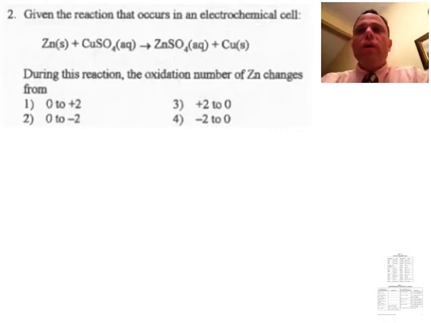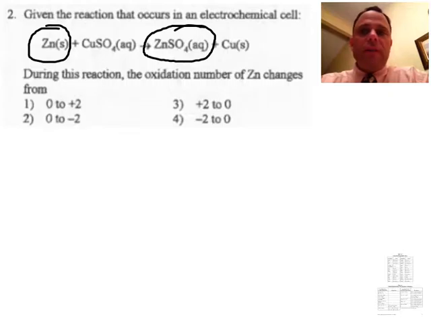Number 2. Given the reaction that occurs in an electrochemical cell, it's asking during this reaction the oxidation number of zinc changes from what to what. So in other words, the solid zinc that is right here on the reactant side, how does it compare to the zinc that is combined with sulfate, so zinc sulfate, on the product side?